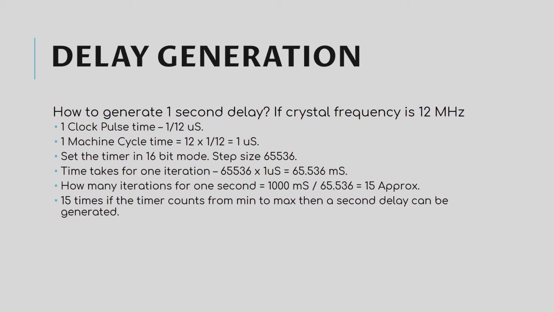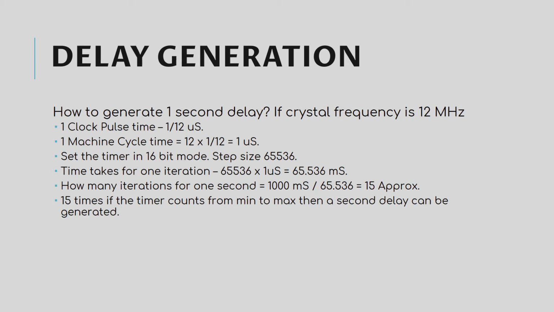So how many iterations we need for 1 second? So 1 second is equivalent to 1000 millisecond. So 1000 millisecond divided by 65.536 millisecond, around 15 iterations needed by a timer to generate 1 second delay.